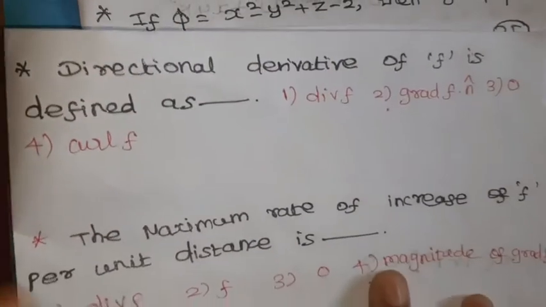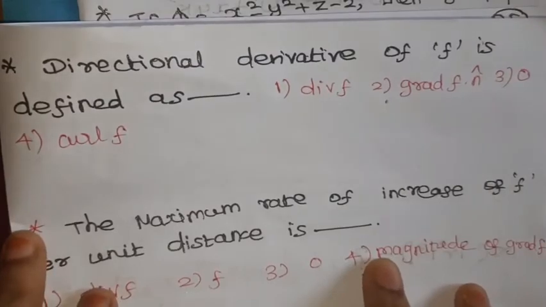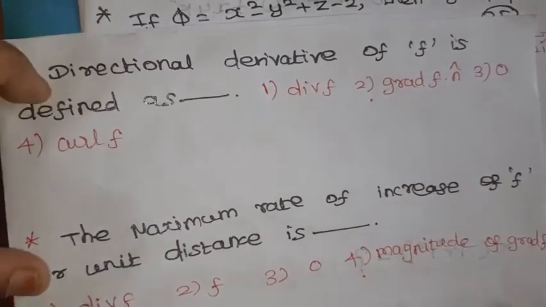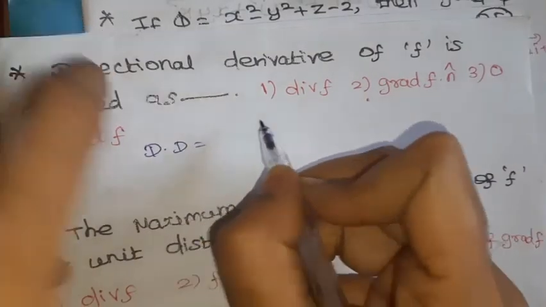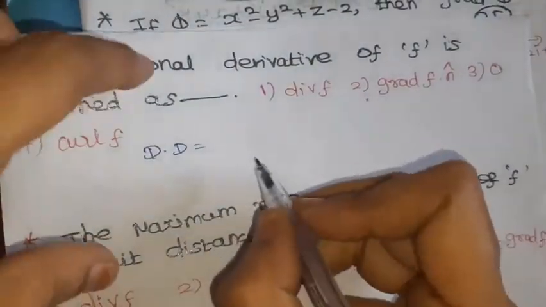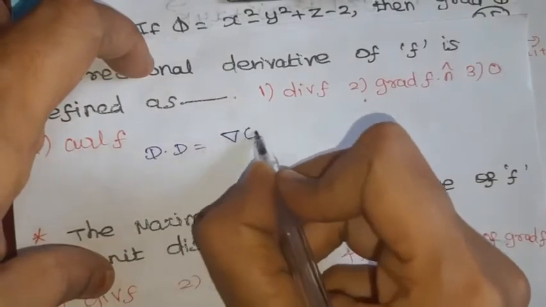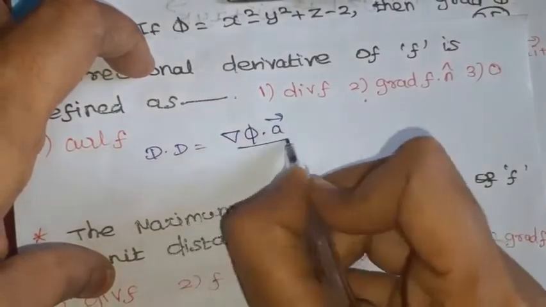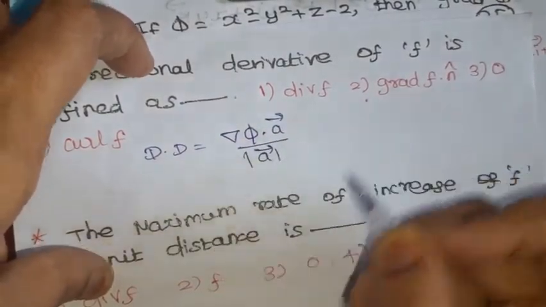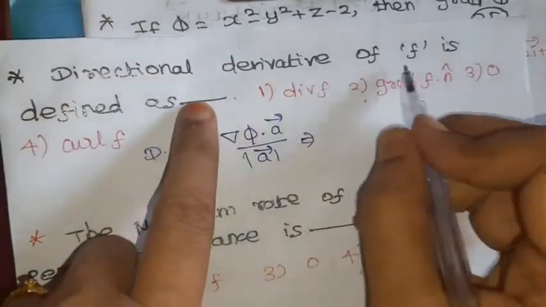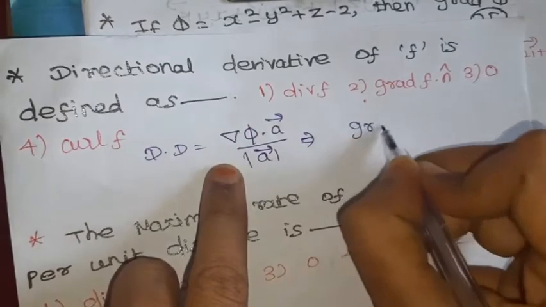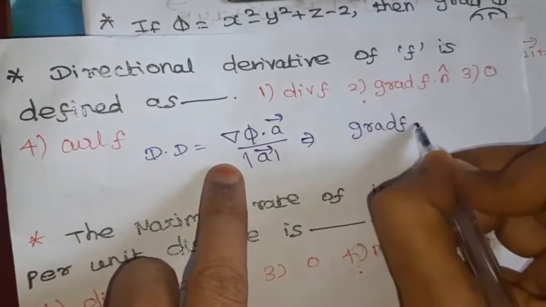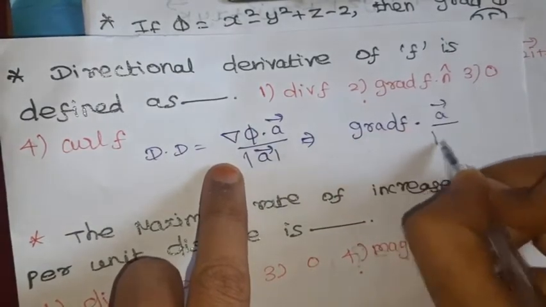Then we'll move on to the next problem. Directional derivative of f is defined as, what is the formula? In short, it is grad f dot a vector by modulus of a vector.